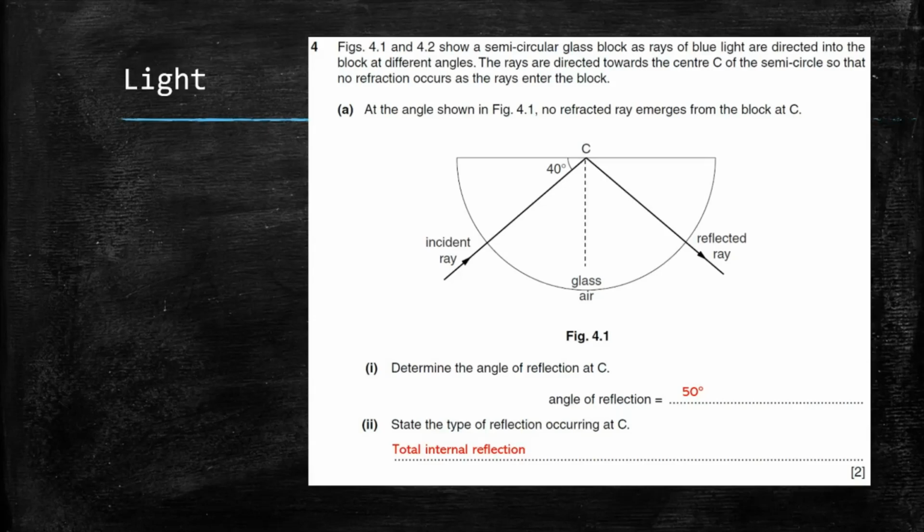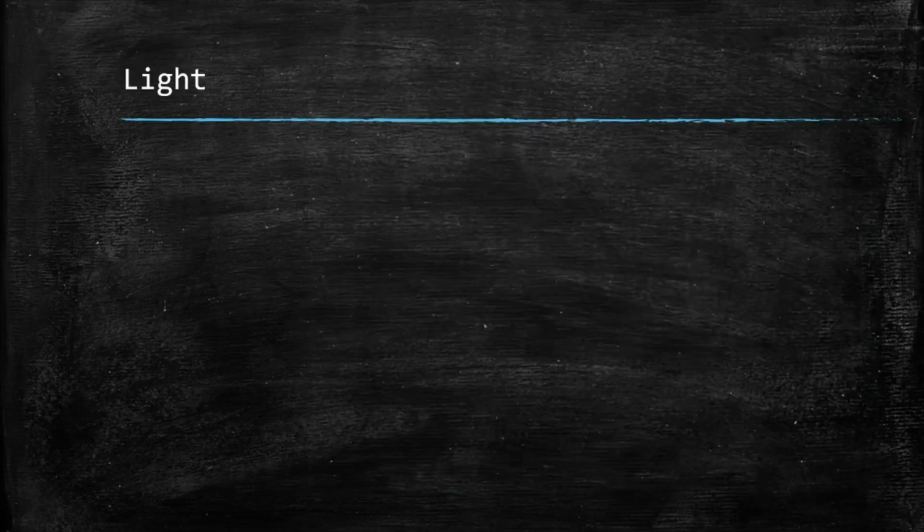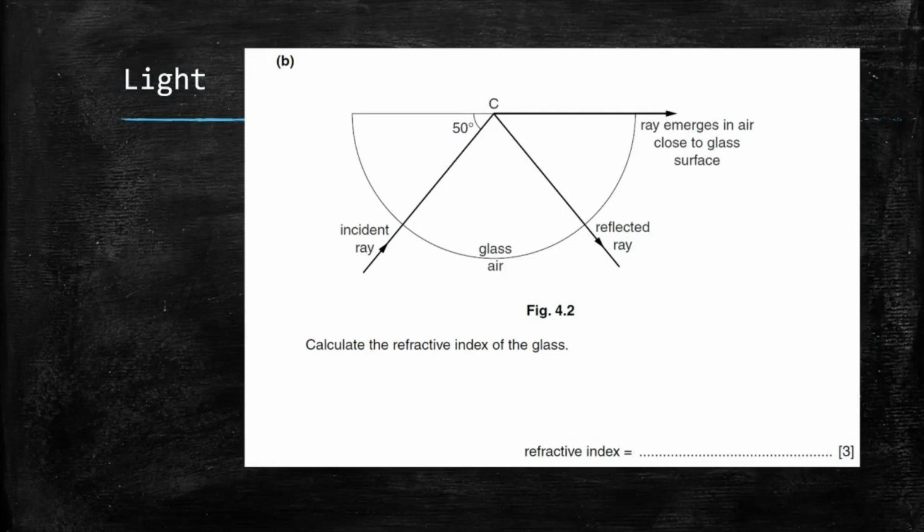Question 4b. Calculate the refractive index of the glass. To calculate the refractive index of the glass, we have to analyze the condition of the refraction. Some of the ray emerges in air close to the glass surface, and some of the ray is reflected.